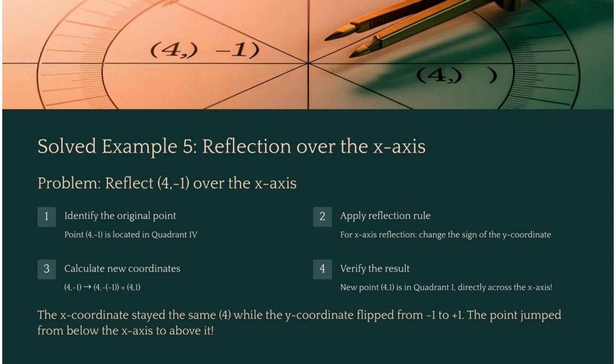In example 5, we reflect the point (4, -1) over the x-axis. We keep the x-coordinate, 4, and change the sign of the y-coordinate. -1 becomes +1. The new point is (4, 1). The point moved from quadrant 4 to quadrant 1, a perfect mirror image across the x-axis.